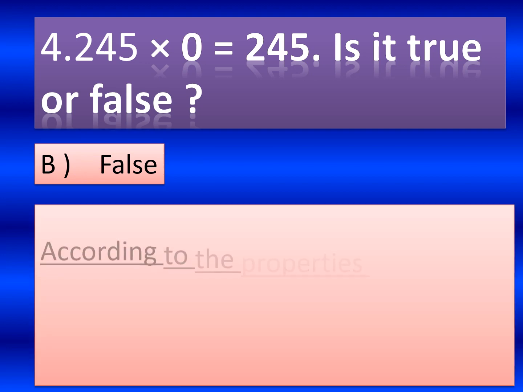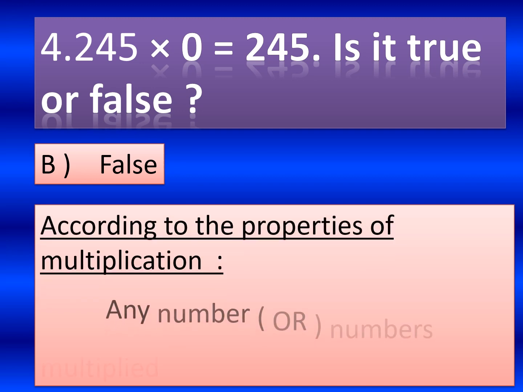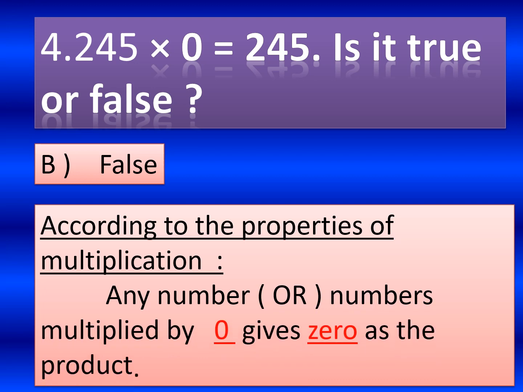According to the multiplication properties, any number multiplied by 0 gives 0 as the product. But here it is wrongly given, 245 into 0 is equal to 245. It's wrong. It should be 0. So the correct option is false, option B.